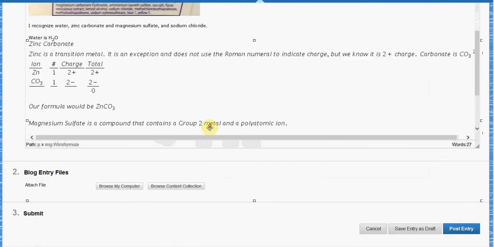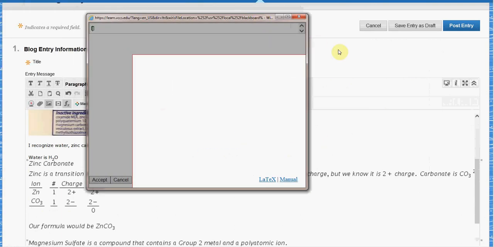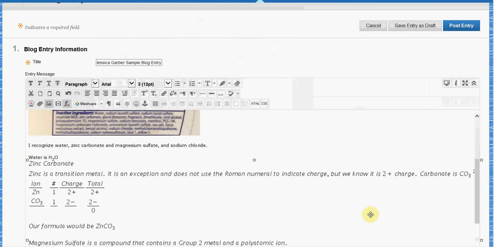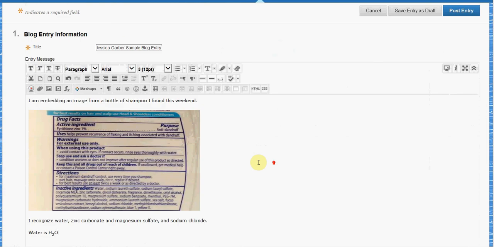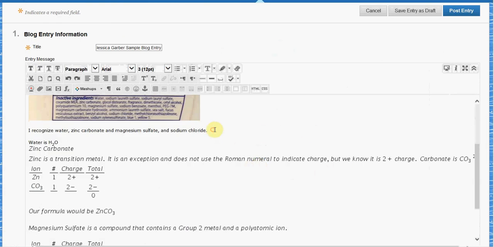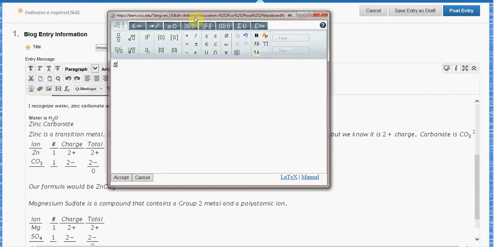And if I want to, I can do another one for my sodium chloride. So sodium chloride is a binary ionic compound containing a group 1 and a halogen.